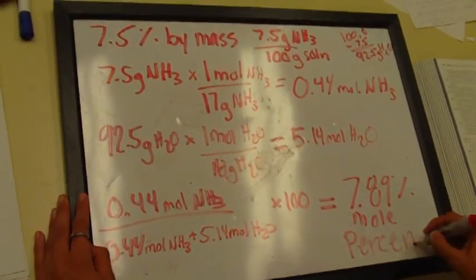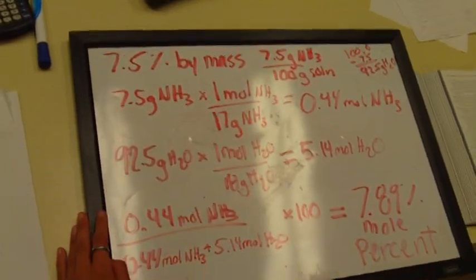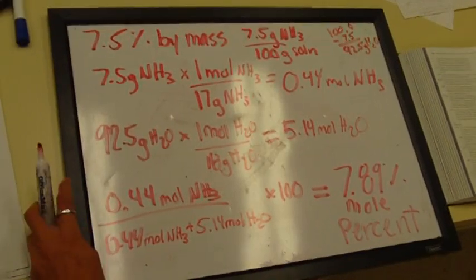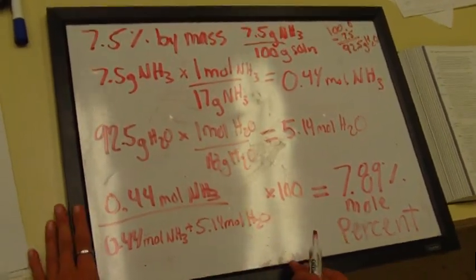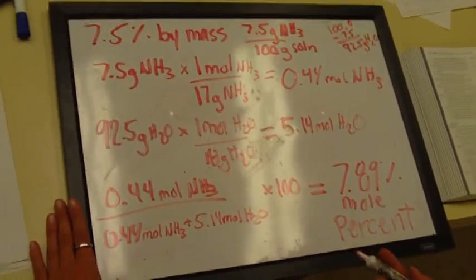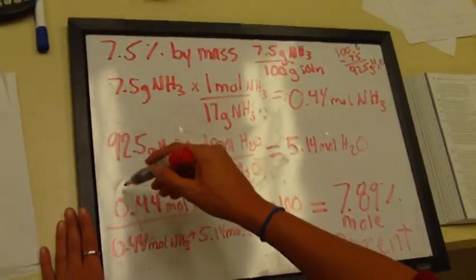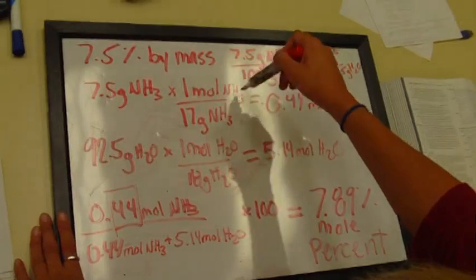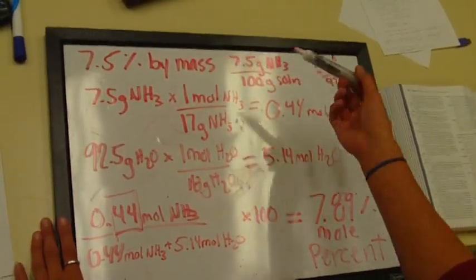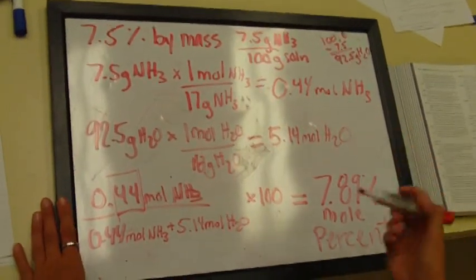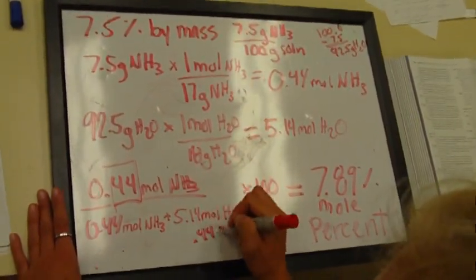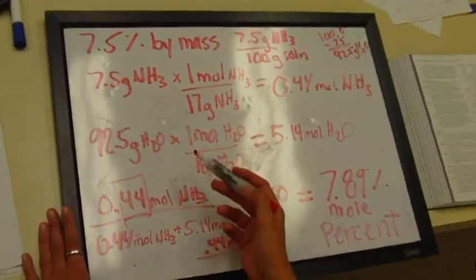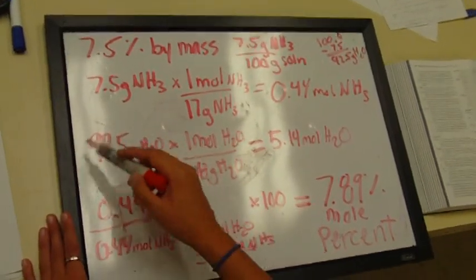But the question also wanted to know the molal concentration. So we've gone over molality already. It is moles per kilogram of solvent. So if we know the moles of our solute, 0.44, and we know that we were using 100 grams of solvent, so if we just convert that to kilograms, we can just quickly do 0.44 moles of solute over, we'll just convert this into kilograms really quick.